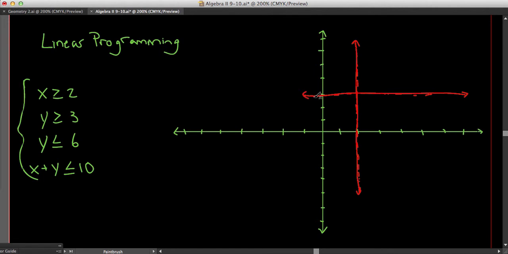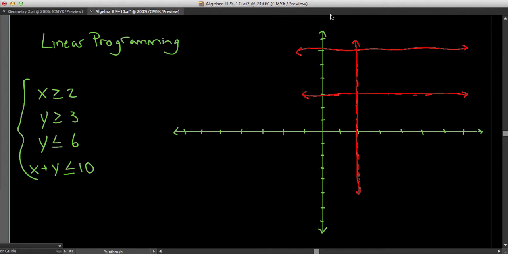Y is less than or equal to 6. Okay, so 4, 5, 6. And then we'll make another line there. And then x plus y is less than or equal to 10. So this one we can actually solve for y and then graph. This is going to have a y-intercept of 10, and then it's going to have a slope of -1.